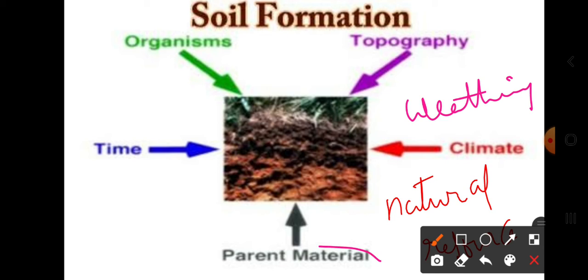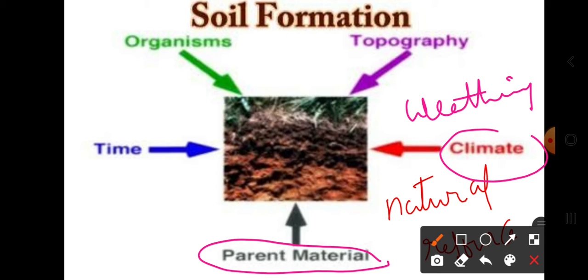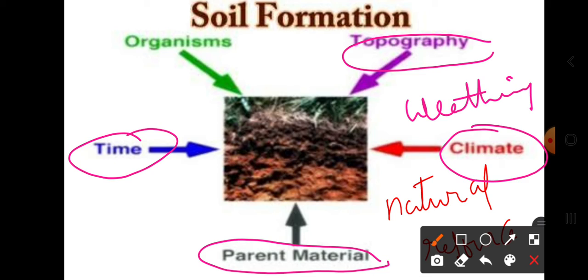The first and foremost is the parental material that helps in the formation of soil, followed by the climate. The climate refers to the different temperature levels in the weather over a longer duration. Then comes topography, how the soil layers are arranged. Then it is the time period, and then the different organisms that are present in it.